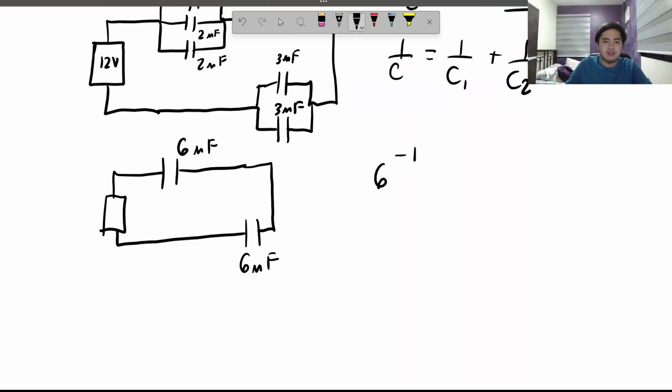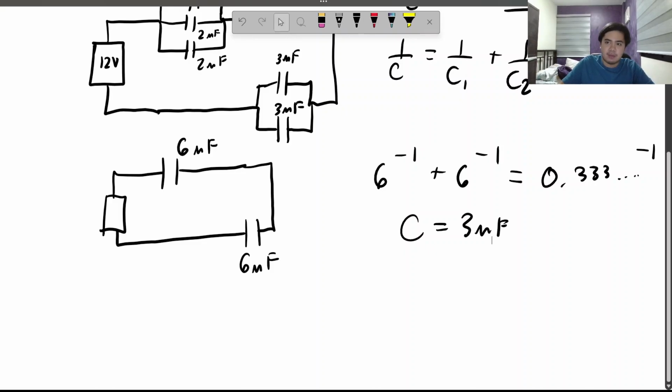So if you have 4 microfarads, you could write 4 to the negative 1. But here, we just have to input 6. Then you will get an answer, something like 0.333 repeating. Then you press the power negative 1 again, and you will get the capacitance, which is 3. 3 microfarads is the equivalent capacitance.